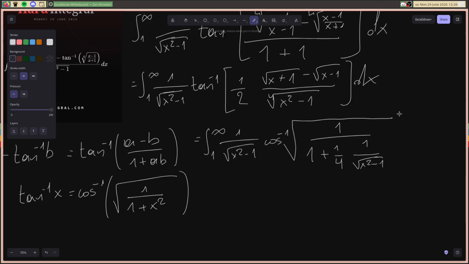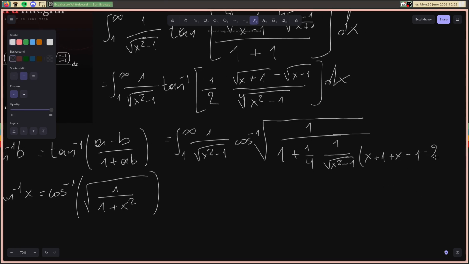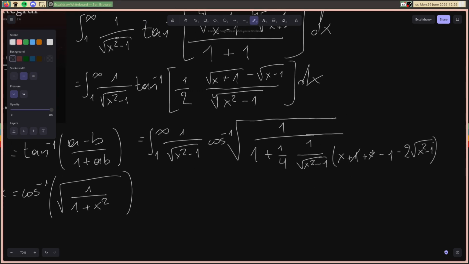And then we have to raise the numerator to the power of 2, which will be x plus 1 plus x minus 1 minus 2 times the square root of x squared minus 1, because they will multiply. The plus ones go away, and there's a 2x here minus 2 square root of x squared minus 1.